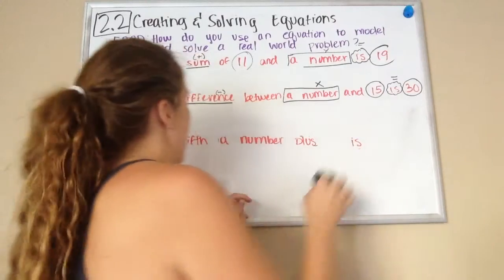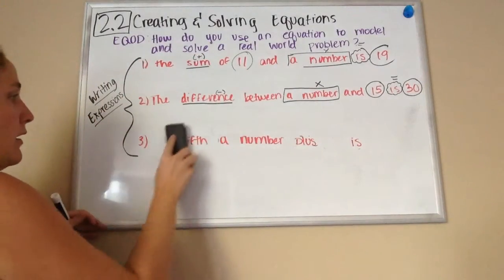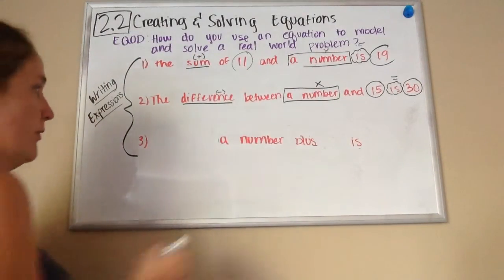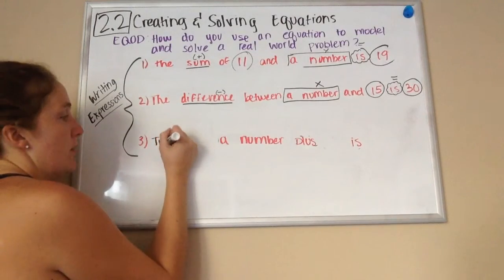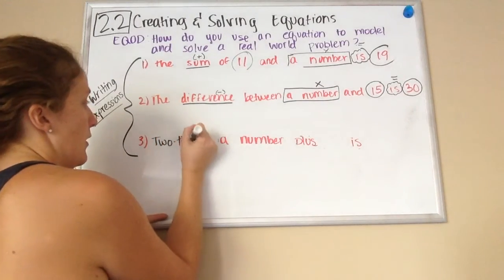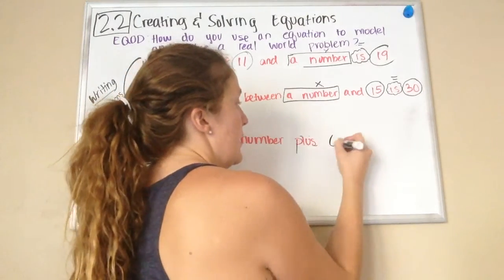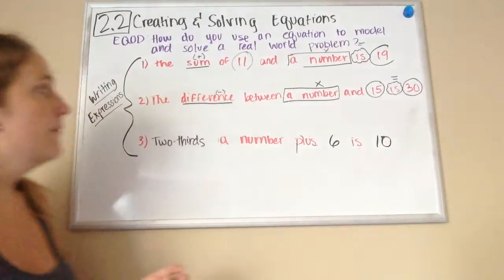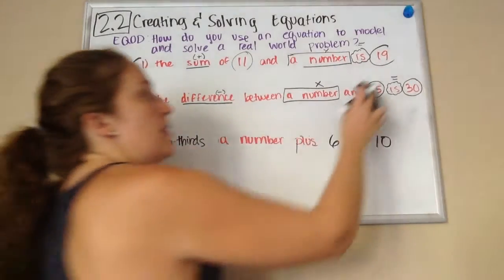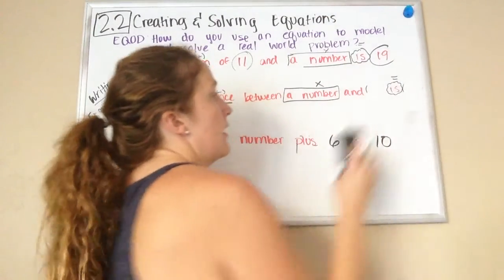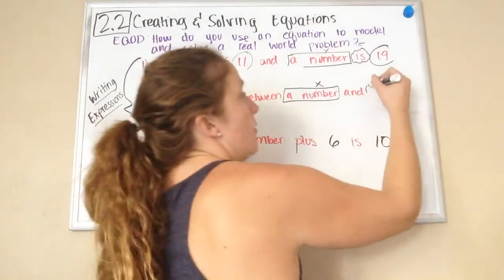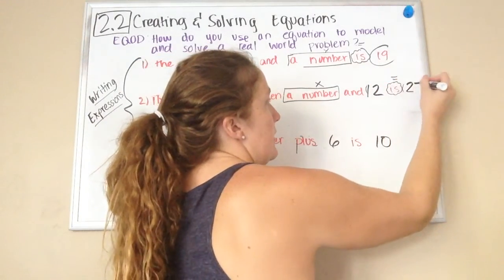All right, so we've got 2/3 a number plus 6 is 10. The difference between a number and 12 is 27.